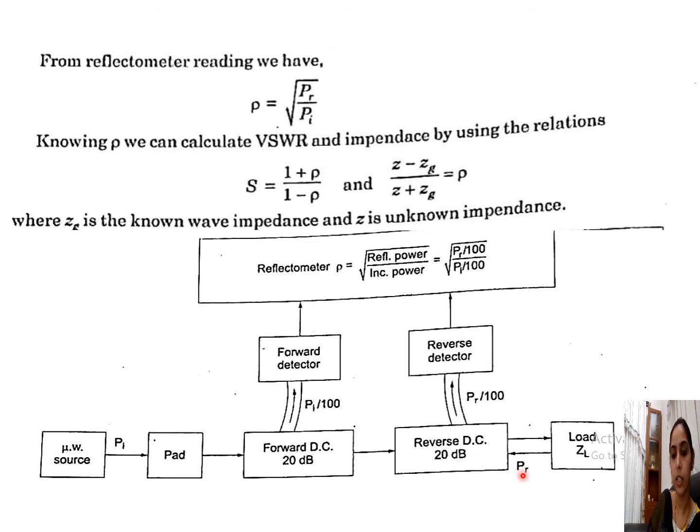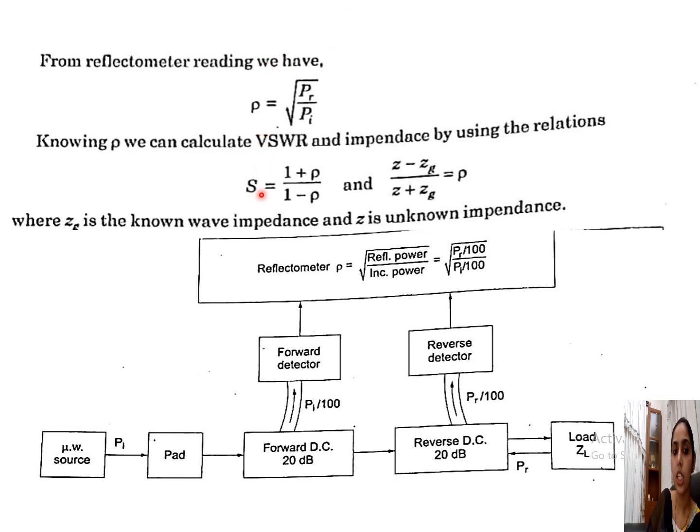Obviously reflection will be coming from the load side, that is why the arrow is put on PR here. With these directional couplers there will be no interference. This is the incident power and reflected power, which further goes to the detector and the reflectometer, which is going to give us a value of the reflection coefficient.